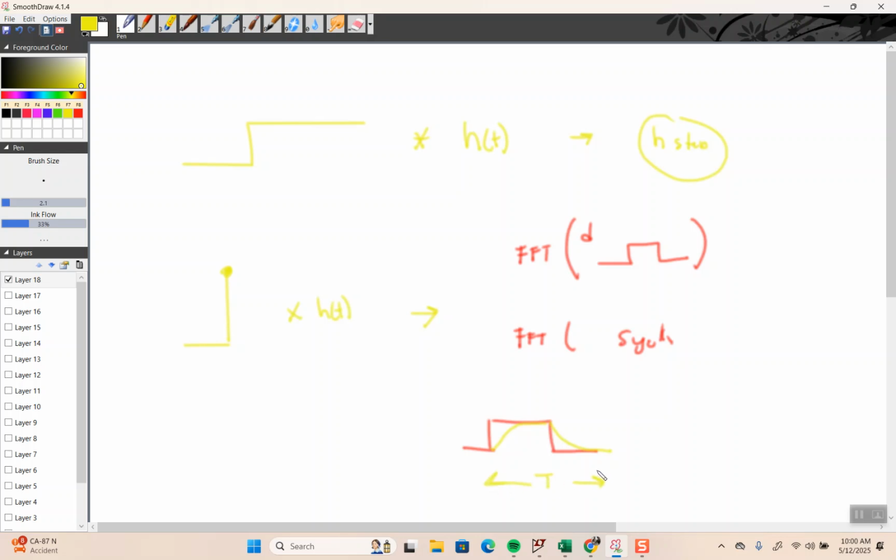So if I take the derivative of this and the derivative of that, and then take the FFT of the derivative of the out divided by the FFT of the derivative of the in, you get a Bode plot.